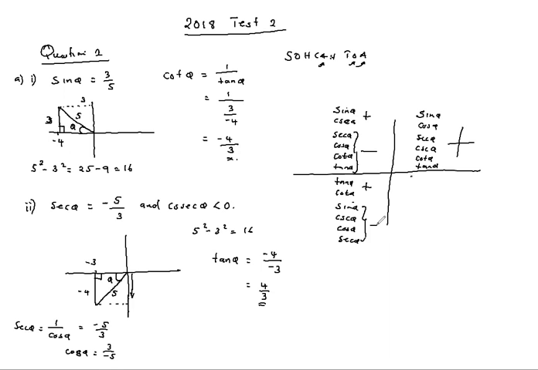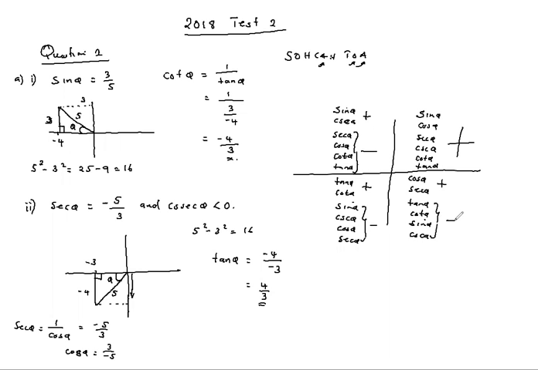And cos and sec are positives in the fourth quadrant, and tan, cot, sine, and cosec are negatives in the fourth quadrant.